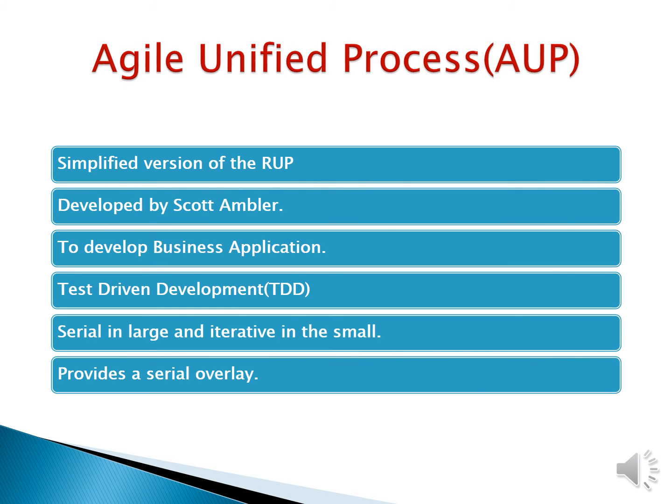Now the next topic, that is the Agile Unified Process. The Agile Unified Process is a simplified version of the Rational Unified Process developed by Scott Ambler.